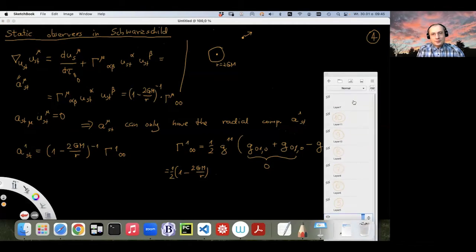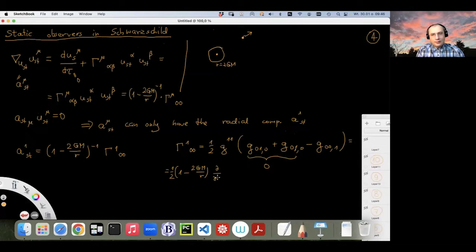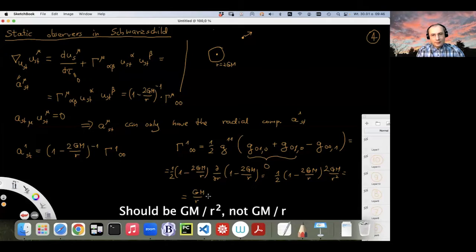And then g_00,1 is just d/dr of (1 − 2GM/r), which gives 1/2 (1 − 2GM/r) times 2GM/r². This is equal to GM/r² times (1 − 2GM/r). Okay, so that's our Christoffel.